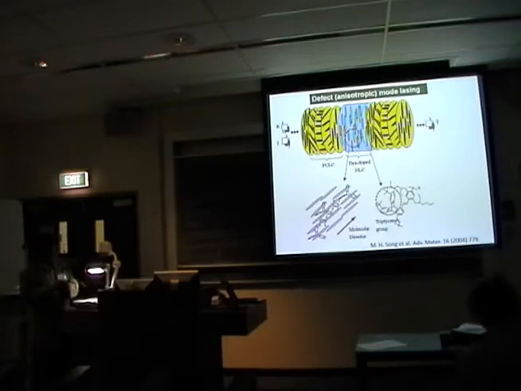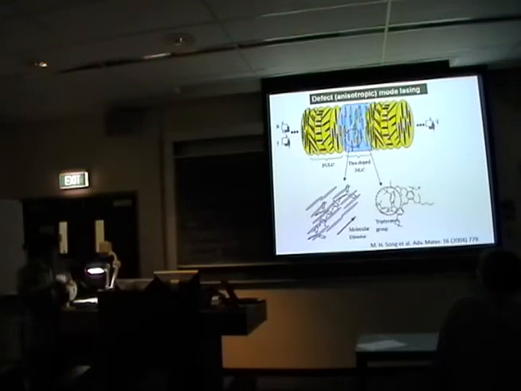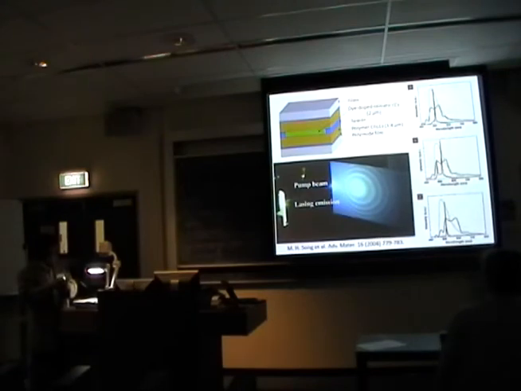So this nematic layer acts as a defect. We also use the same dye, and the result is like this. Here is the defect, and we can achieve lasing at the defect, and in some cases lasing at both the defect level and the edge level.